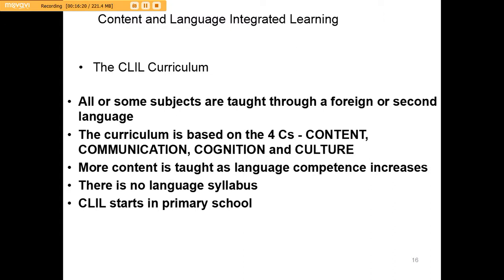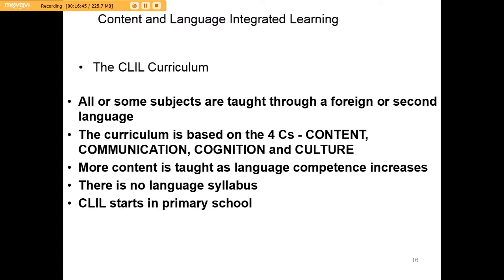But the whole curriculum is based on the 4 C's we mentioned before: content, communication, cognition, and culture. More content is taught as language competence increases. Generally the texts get longer and more complicated as the level the students have goes up. There's no formal syllabus, okay?